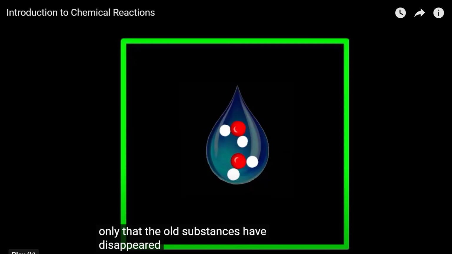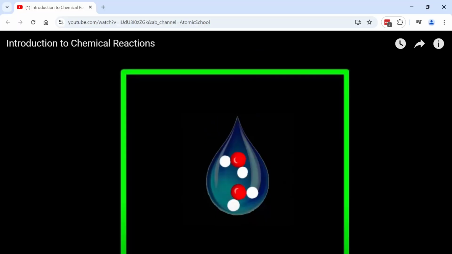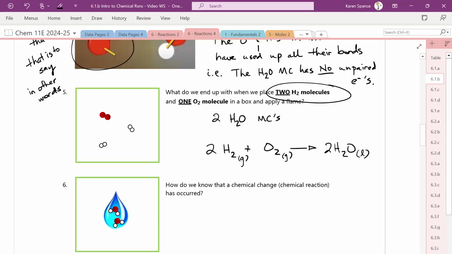So how do we know that a chemical reaction has taken place? A new substance was formed and old substances were used up. Okay, you can fill that one in.